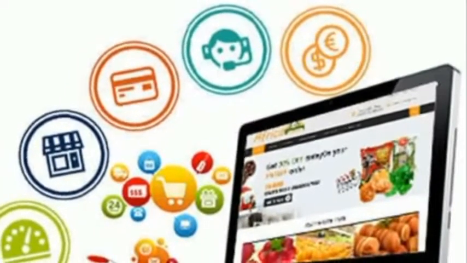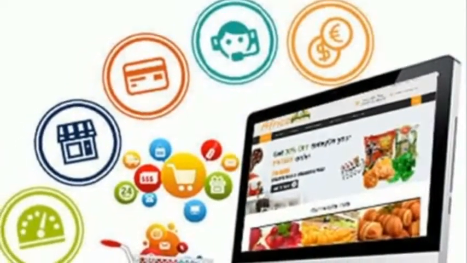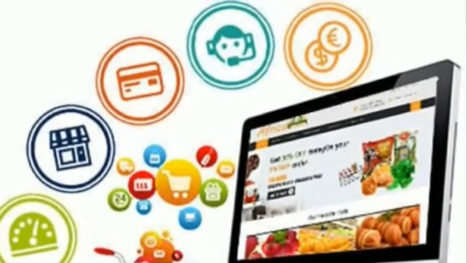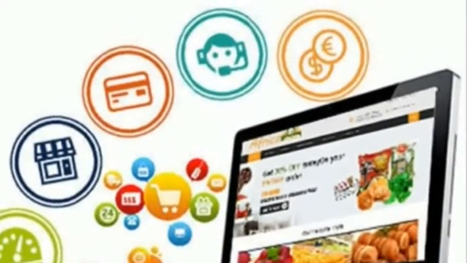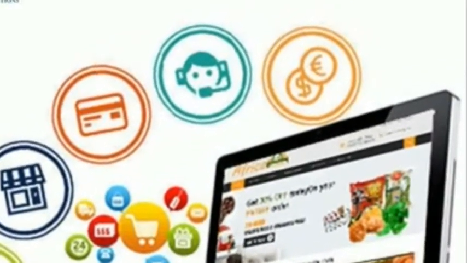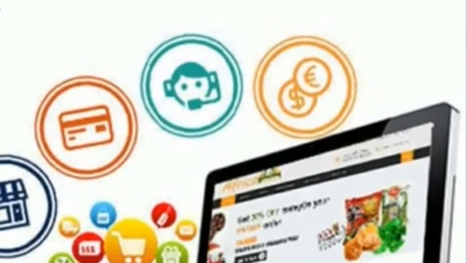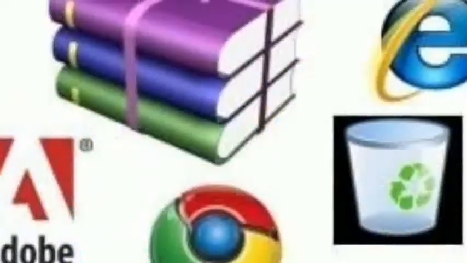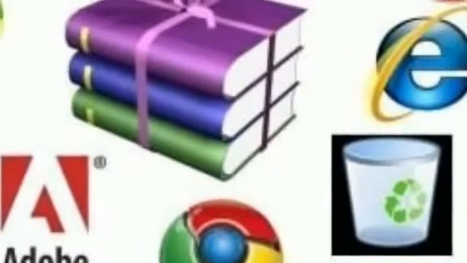Now let's see how computers are used in communications. Computers can be effectively used for communicating with people in different parts of the world. You can send email to your friends and relatives who live in different countries.